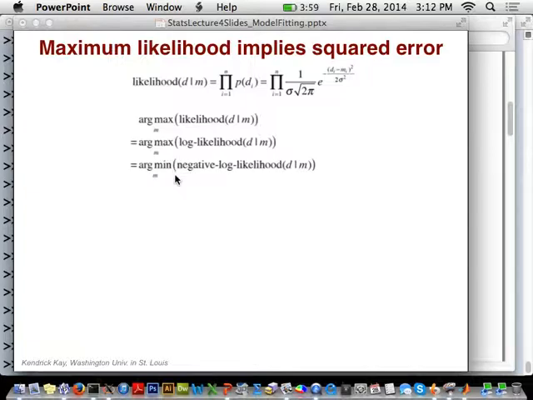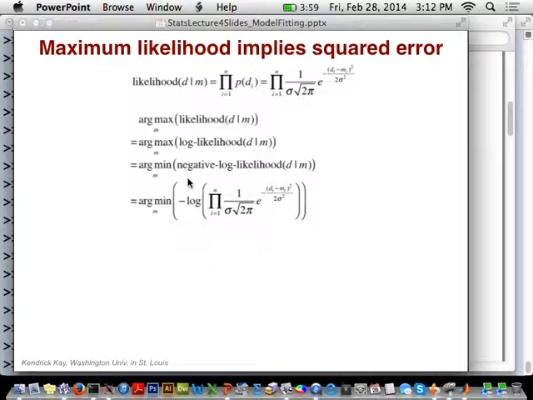And then we can equivalently say what model will minimize the negative of this thing in the middle. The thing that maximizes x will also be the thing that minimizes negative x. Big deal. So then we're almost done. We wrote down up here this term that is the likelihood.